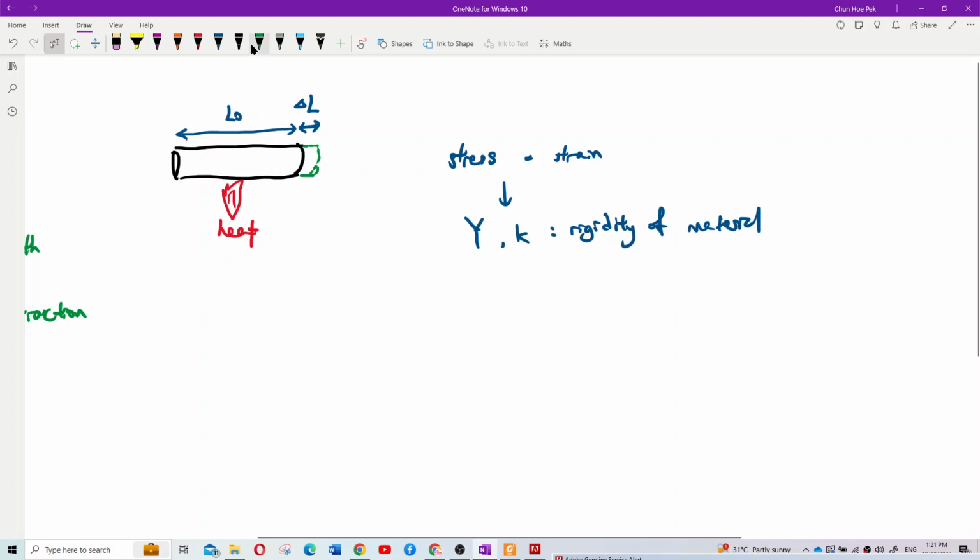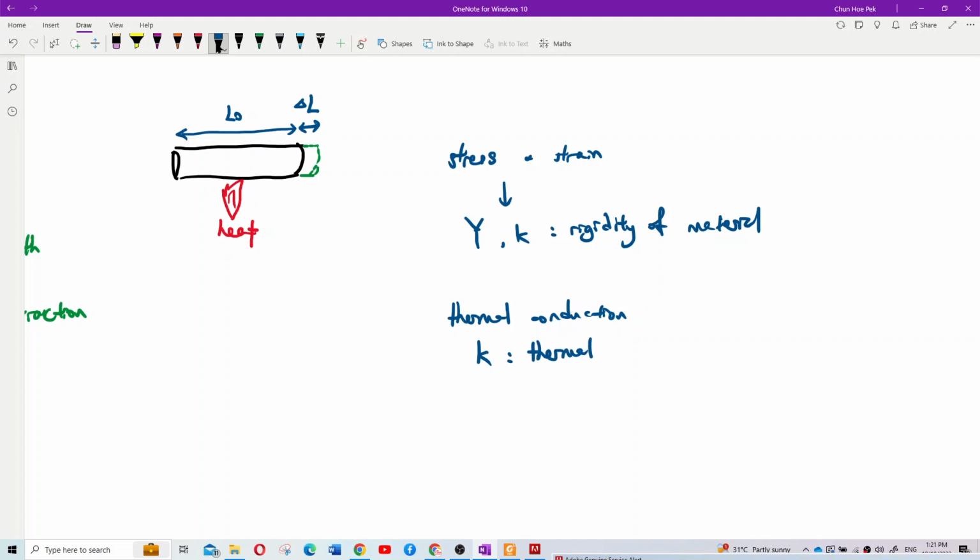And then the next topic, thermal conduction. What do we learn? We learn about K also, which is the thermal conductivity of material.